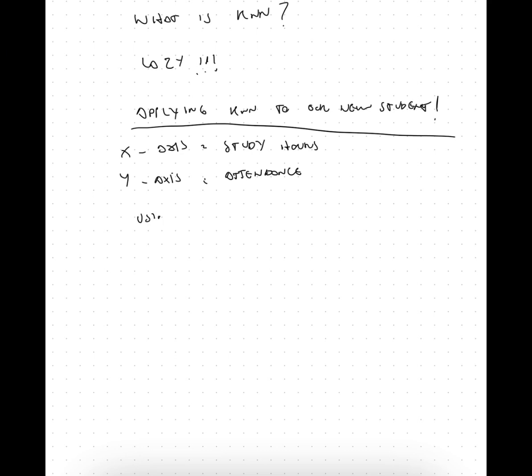Distance is equal to the square root of (x1 minus x2) squared plus (y1 minus y2) squared. Let's compute. Student A, the total is 25, so it's 5.0.